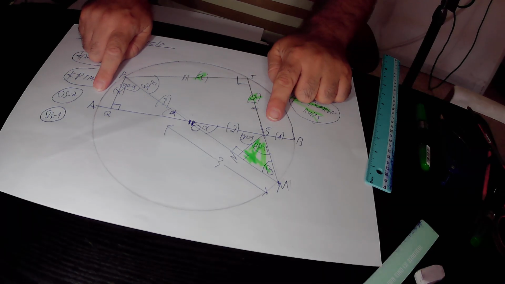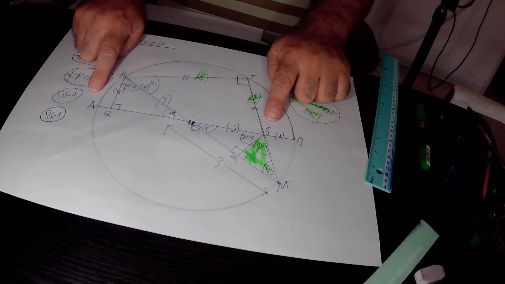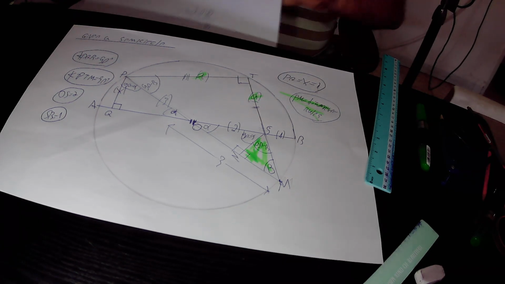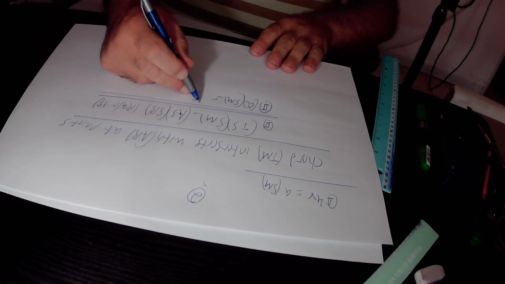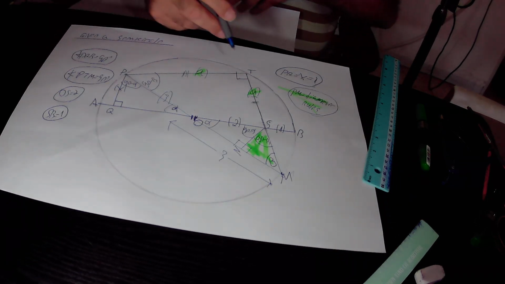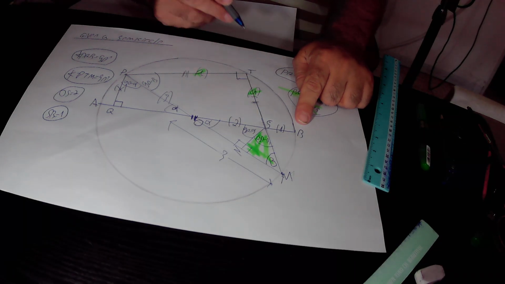So AS equals AO, that is the radius of this circle, 3 units, plus OS. OS is 2. So in total, AS equals 3 plus 2, that is 5, times SB. SB equals 1 unit in its length, according to what is given in the question.